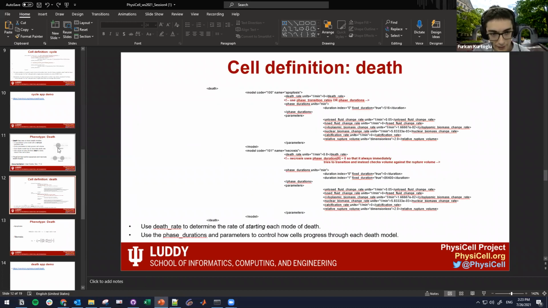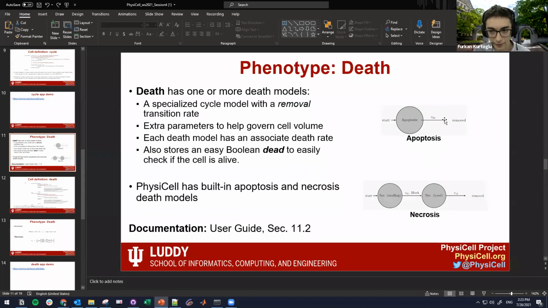The lysed fluid change is affecting apoptosis, if I'm not wrong, but the lysed fluid change rate is just affecting this transition rate, and this one is the unlysed fluid change rate.